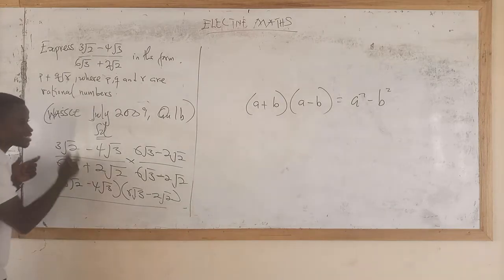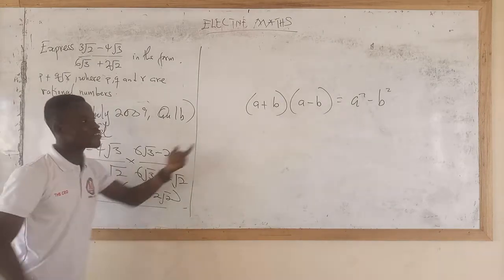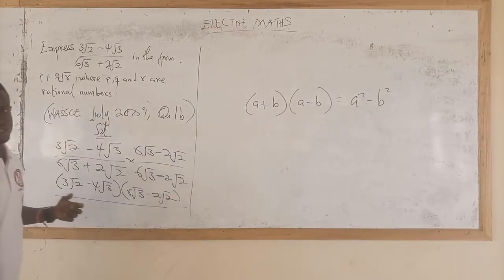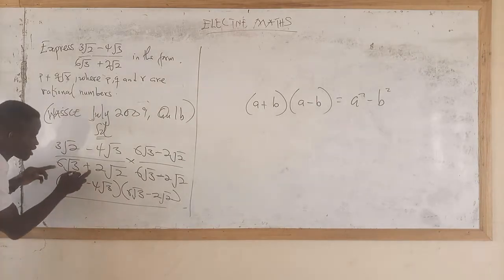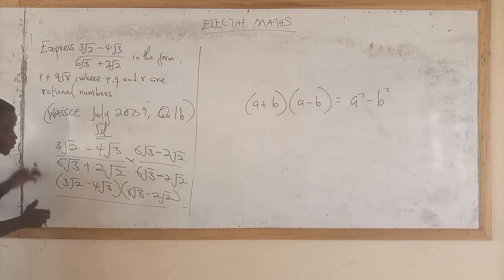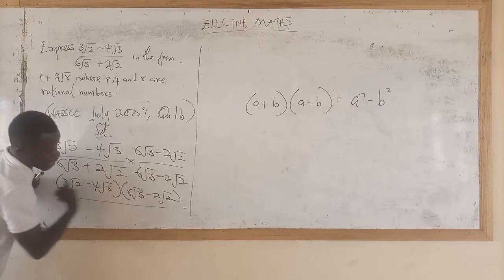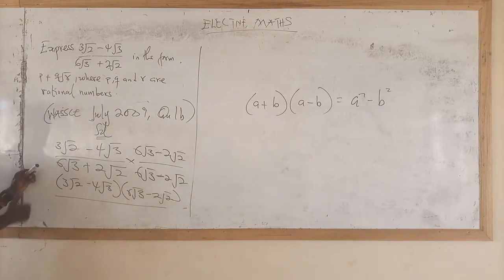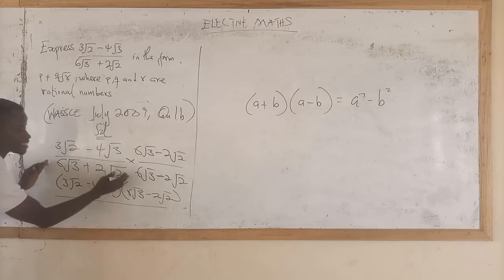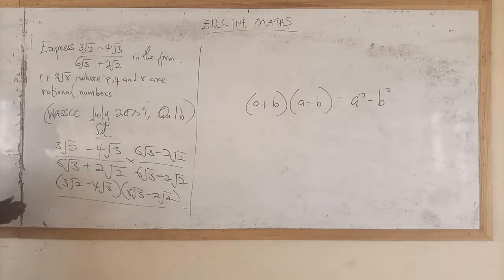That's why you have to know that it's going to form a difference of two squares. So here I will never waste time to present it like how I have done it at the numerator, because this is a difference of two squares.